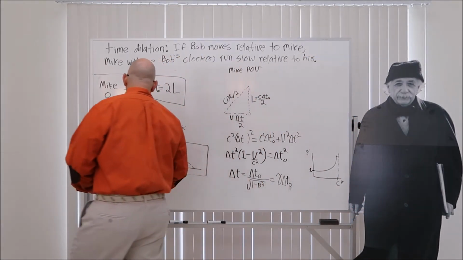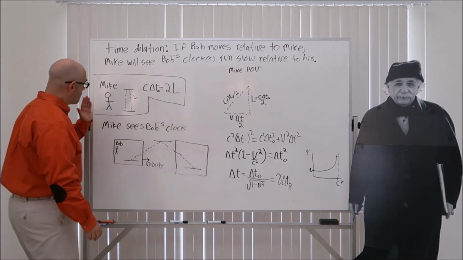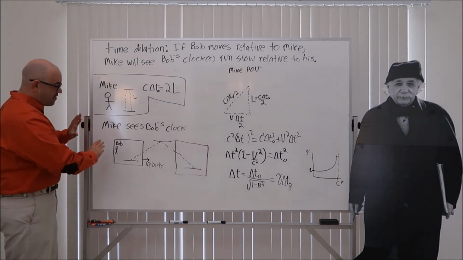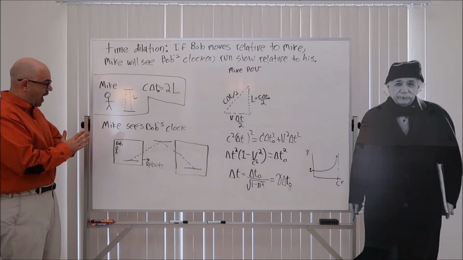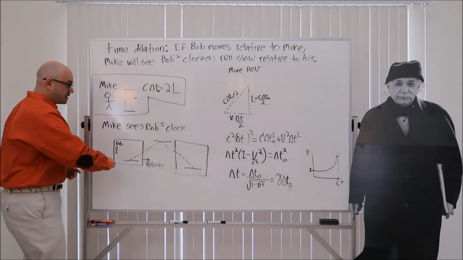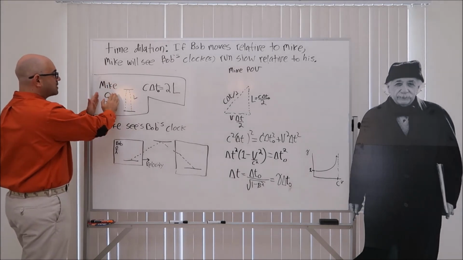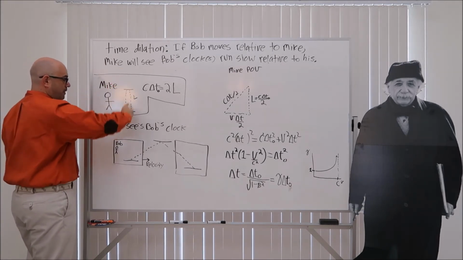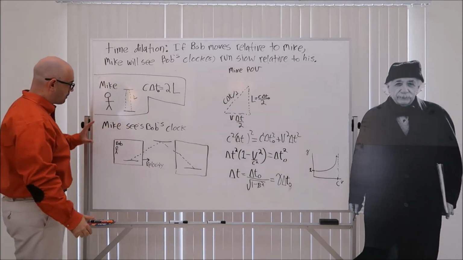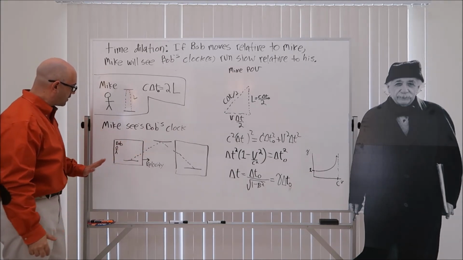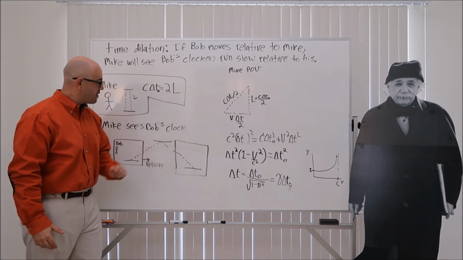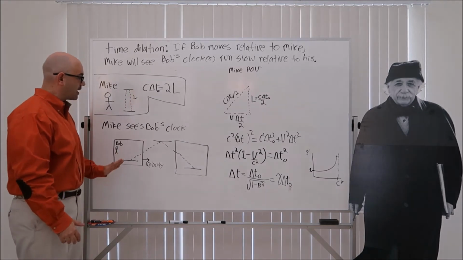So what Mike sees is that the light in Bob's light clock makes this triangular path. Mike sees his own light just goes straight up and straight down in his light clock. But because Mike sees Bob moving relative to him, Mike will see that the light in Bob's light clock moves like this.